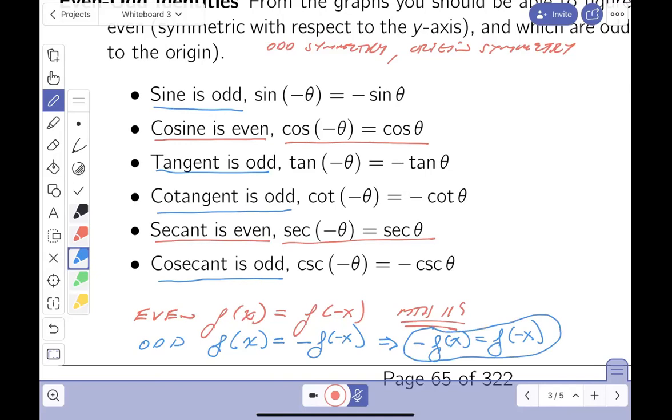So what do I do? Let's put this down over here. So I'm going to say the opposite of the tangent function is the same thing as the tangent function of minus theta. The opposite of the cotangent function is the same thing as cotangent of minus theta. All right. The opposite of the sine function is the same thing as the sine function of the opposite of theta. All right. I'm sorry. I got to put this one down too.